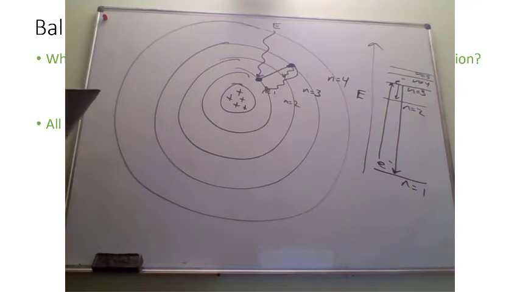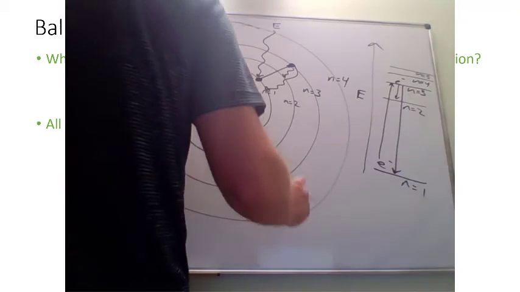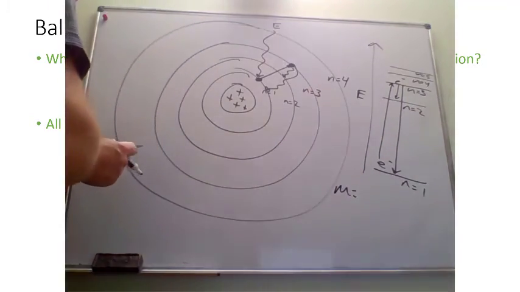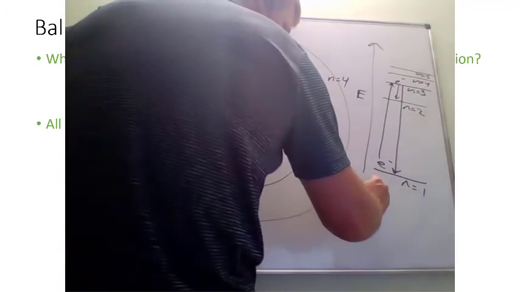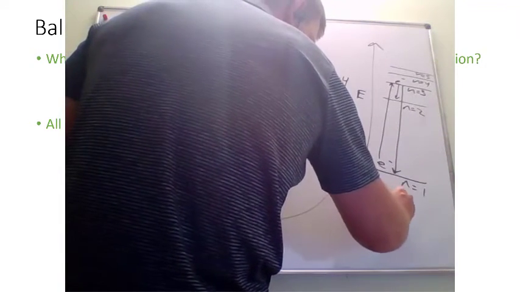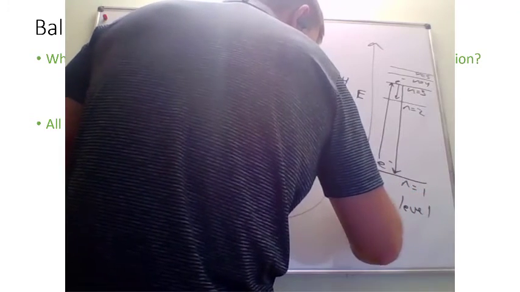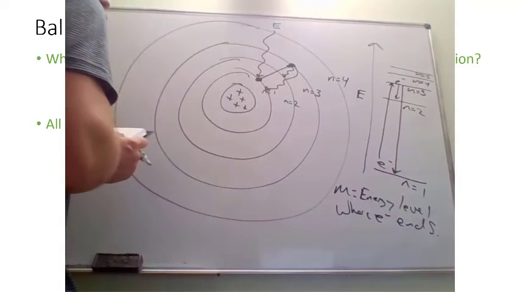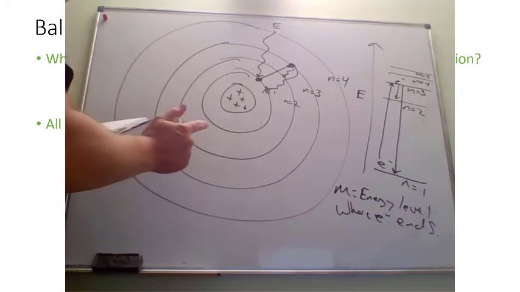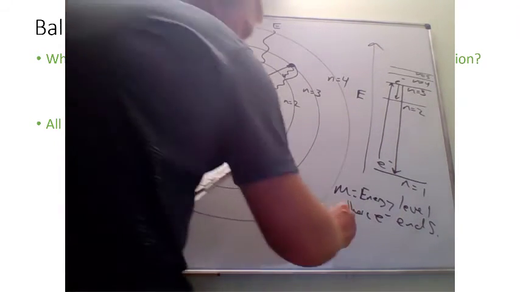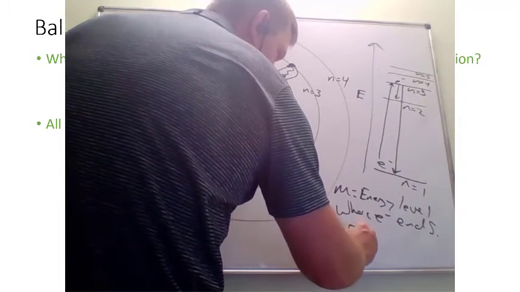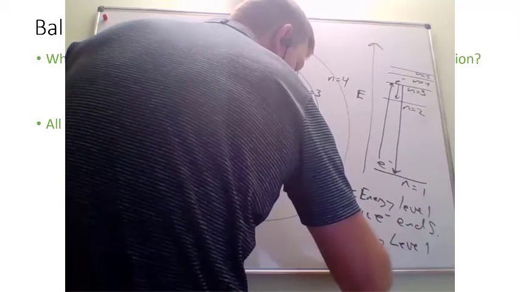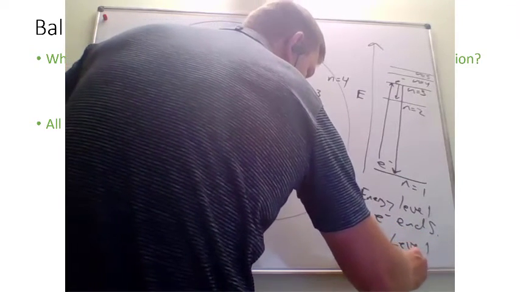And so the definition in our equation: m stands for the energy level where the electron ends, and n stands for the energy level where the electron begins.